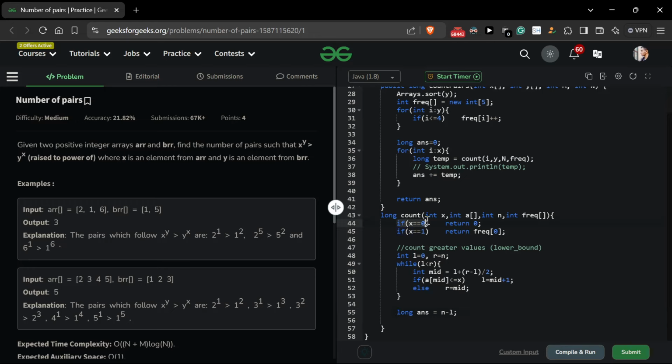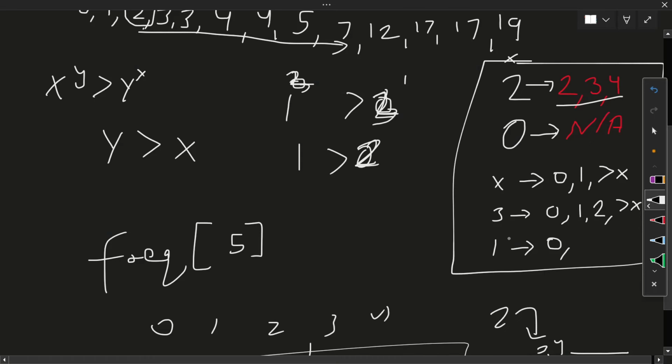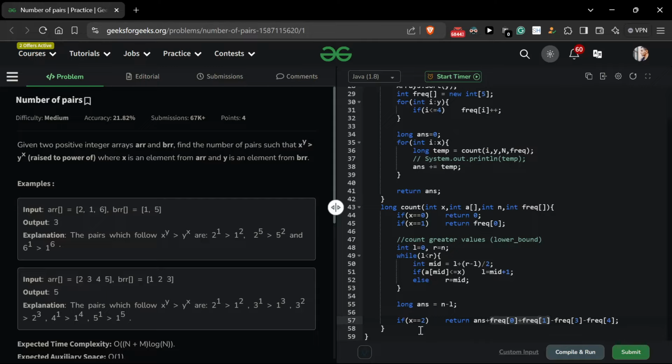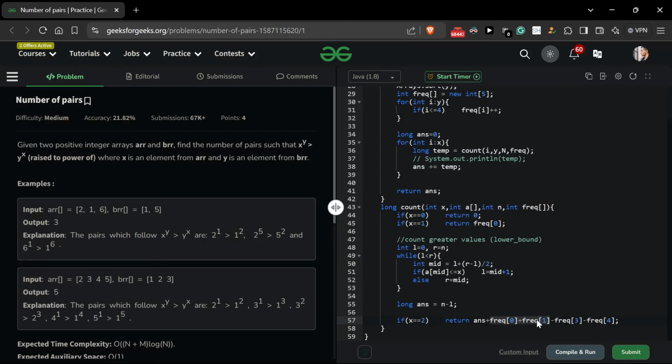But we have some conditions. 0 and 1 we have handled. Let's talk about 2. For 2, we have an answer which points to value 3. So 3 and all the values greater than 3 are true. But for 2, 0 and 1 are also true here in this case.